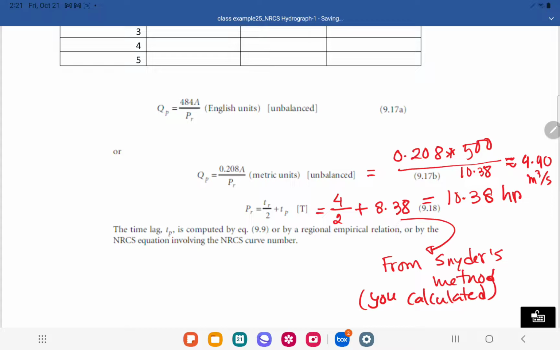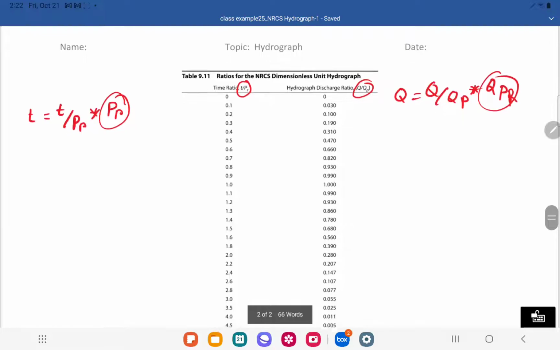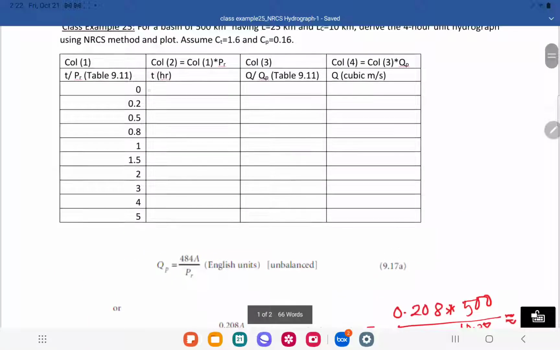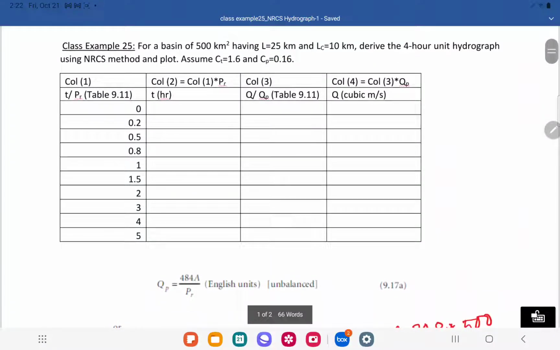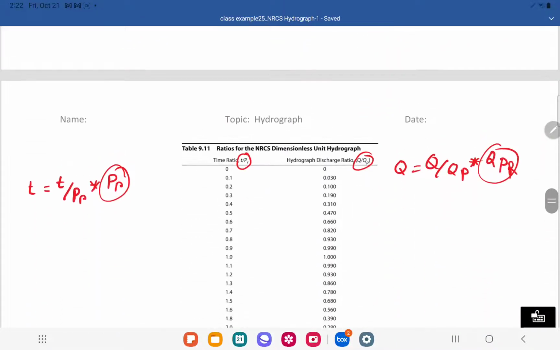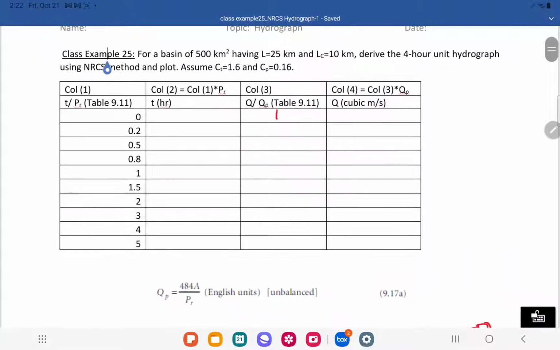So what we will do now, in the column, with each number we will calculate the T, and then we will go to the table here and find out, for 0, 0.2, 0.5, 0.8, what is the Q over QP. Suppose for 0, Q over QP is 0.